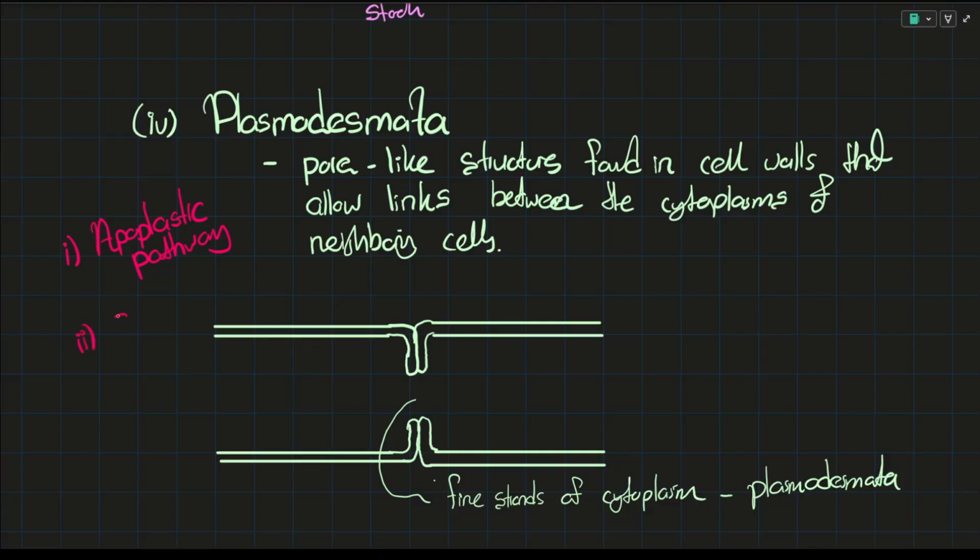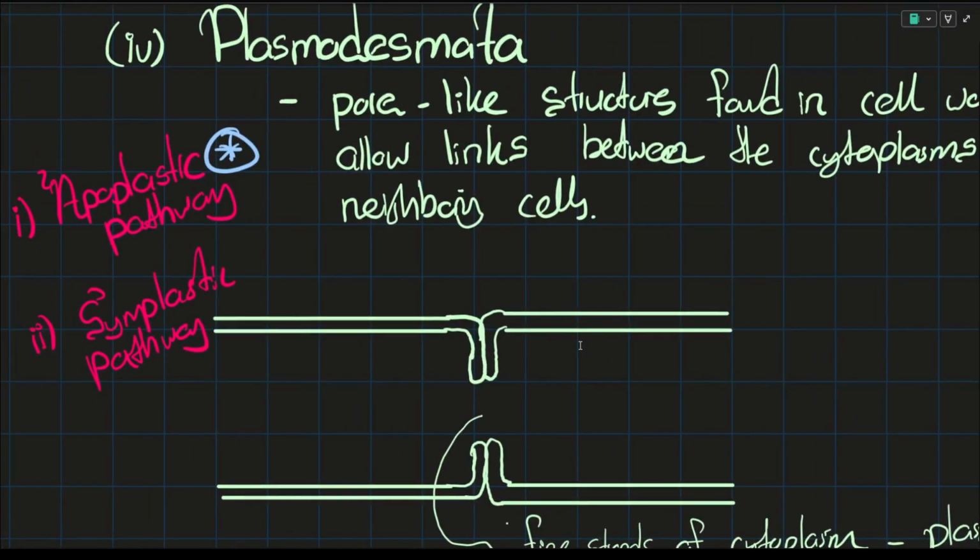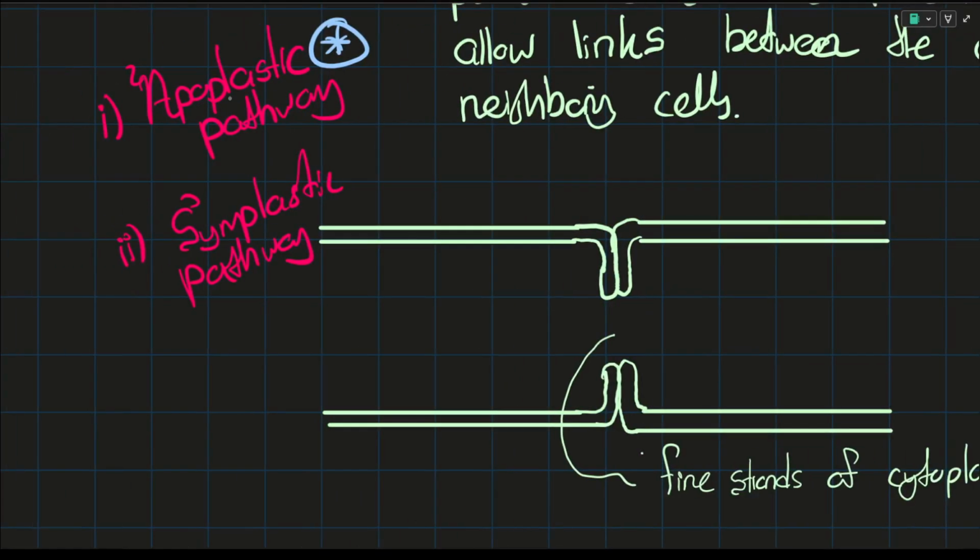Water can flow through the apoplastic pathway or the symplastic pathway. The apoplastic pathway is always going to be through the cell wall and cell wall only.